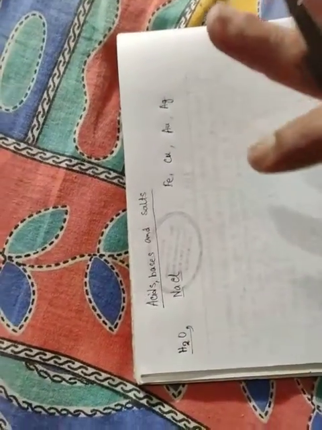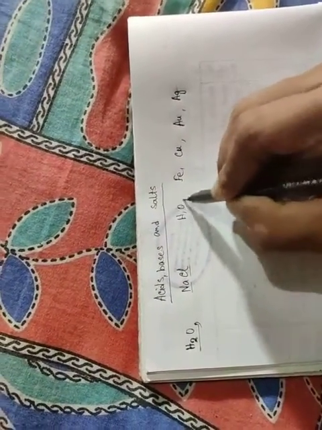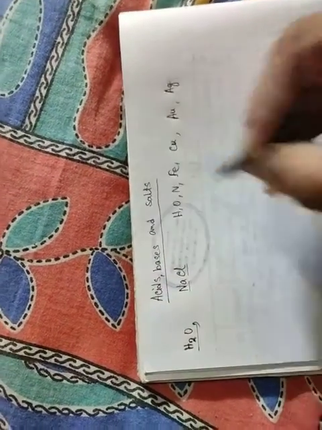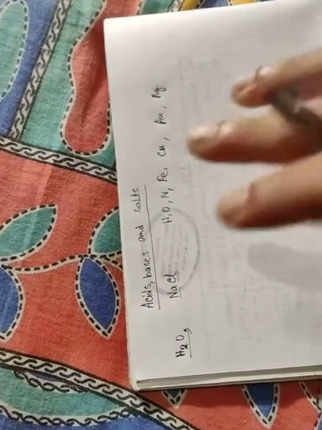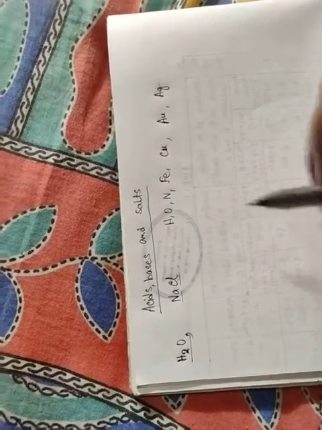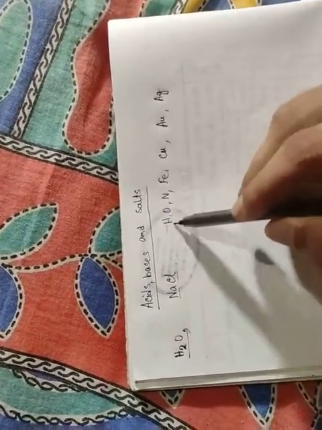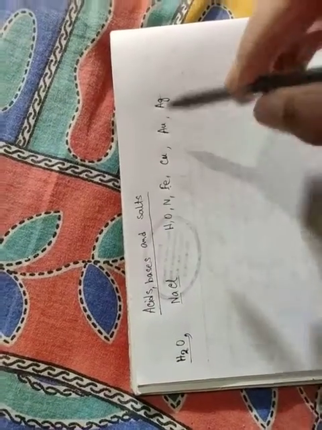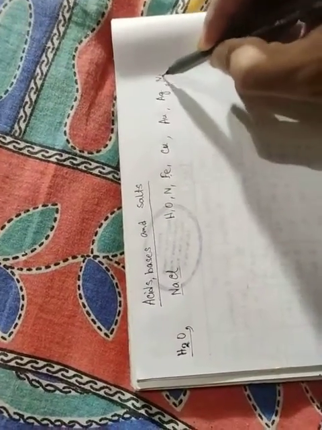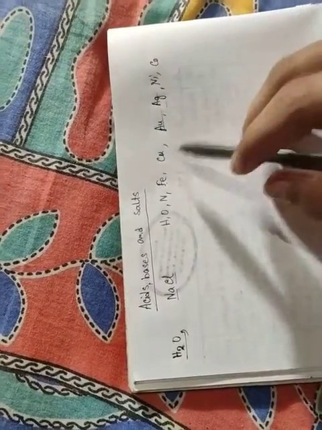So these are elements. Hydrogen, oxygen, and there is also nitrogen gas in the air, so nitrogen is also an element. Element means atoms. There are many elements: hydrogen, oxygen, nitrogen, iron, copper, nickel, cobalt, gold, silver. These are examples.